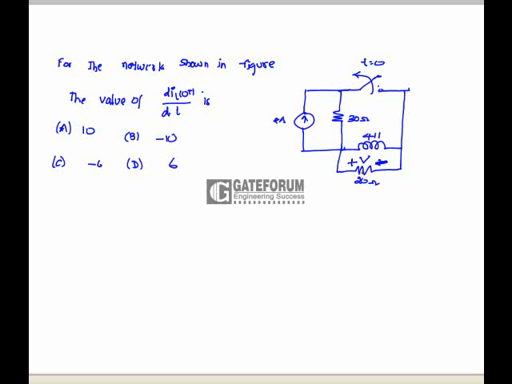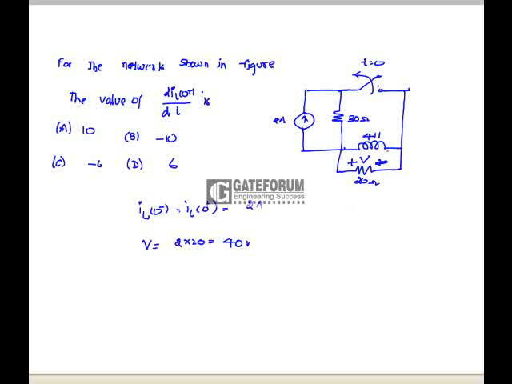For the network shown in the figure, we have to find the rate of change of inductor current at the instant t = 0+, where IL(0-) is equal to IL(0+), which is 2 amps. After opening the switch, the current direction in the inductor is not going to change. So V is equal to 2 × 20, that is 40 volts.